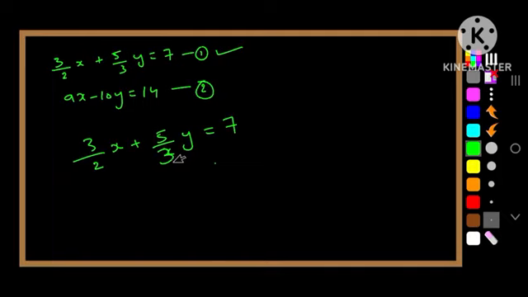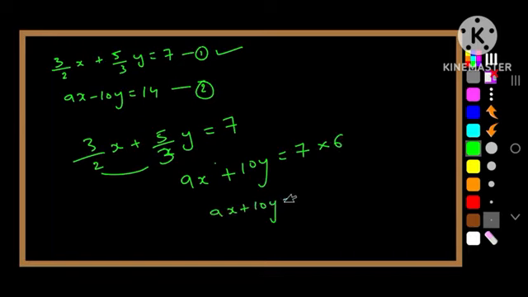So how to do this fraction? So simply you do this cross multiplication. 3 3s are 9, so 9x plus 10y, 2 5s are 10, is equal to 7, and this 2 3s is 6. So you take this 6 this side. So 9x plus 10y is equal to 42.